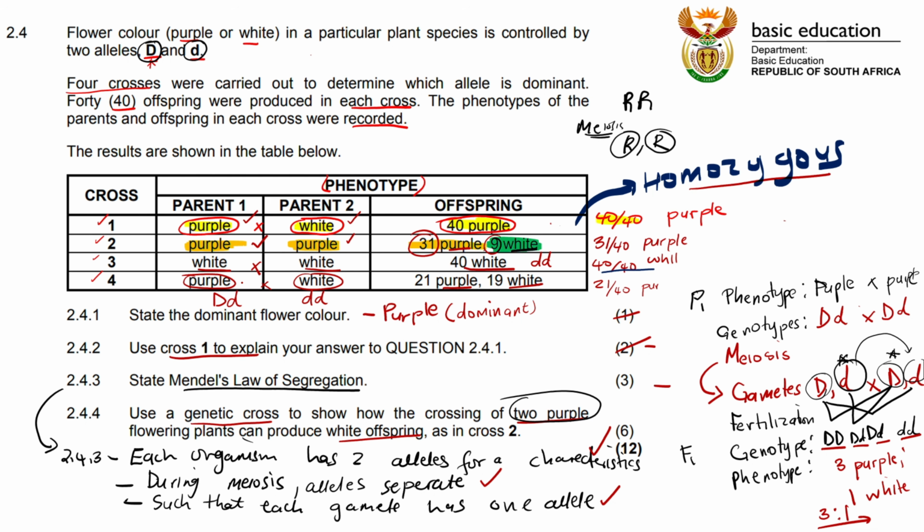So here, these will be the genotypes for cross number 4, so that we can get a combination of purple and white. Otherwise, if purple was capital letter DD, all our offspring would be purple because of the dominant allele, according to complete dominance. That's how things work. But for cross number 4, our purple is in a heterozygous condition, whereas our white is in a homozygous recessive condition.